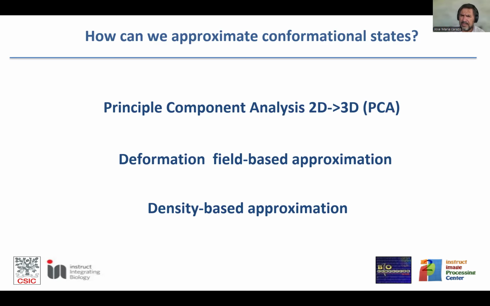We have images, which are 2D. And from the 2D images, we have to infer the principal component analysis in 3D of the space of maps, the space of volumes. So it was less obvious than what you think, but it was anyway the first approach that we did.